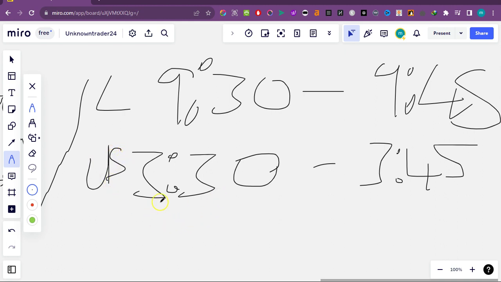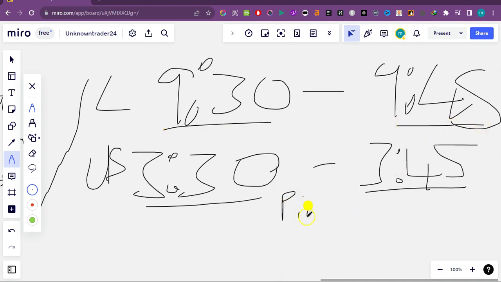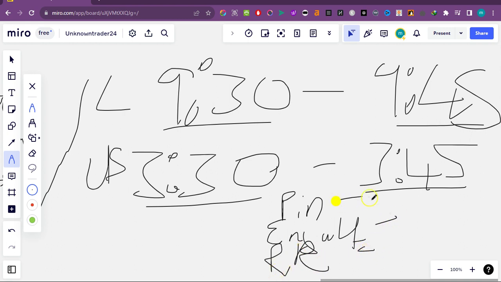A candle that opens at this time and closes at this time, a candle that opens at this time and closes at this time. If it's a pin, if it's an engulf, okay, if it's a railway track, you can enter, but it must be at the high of the day or at the low of the day. There must be 3 pushes.